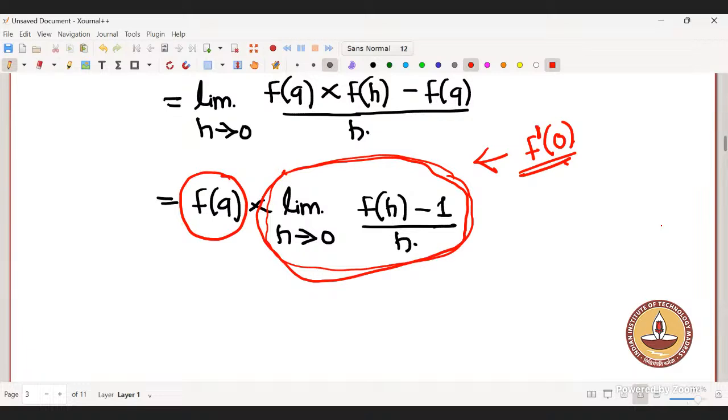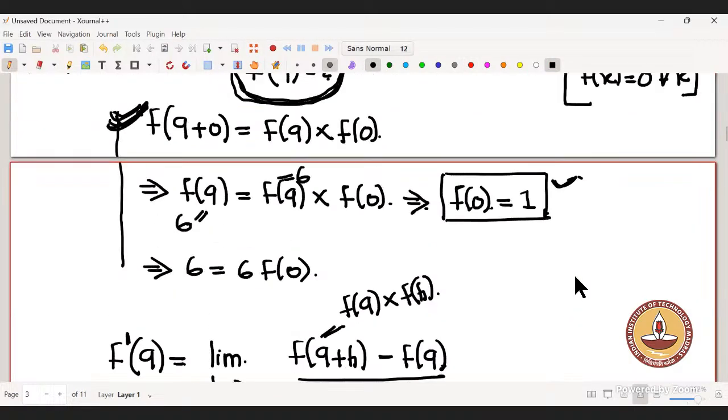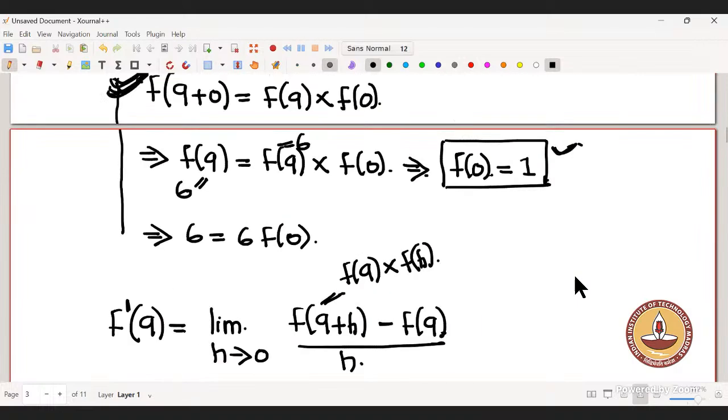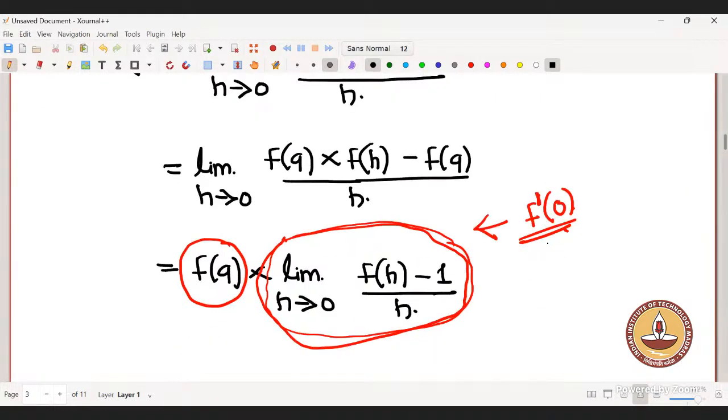So we are considering h as 0 when you say f dash of 0. Is it right? No. What is f of 0? f of 0 is 1, right? And you have 1 here, right?